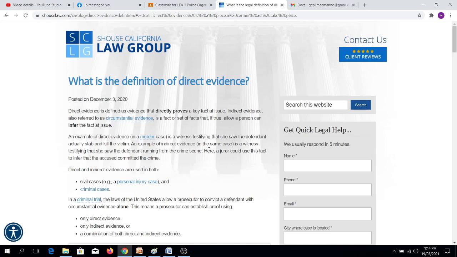Another, your indirect evidence, also referred to as circumstantial evidence, is as what I've said, totally different from your direct. Kaya kung direct, automatically perceived by your senses, but your circumstantial allows you to use your inferences. So this allows a person to infer the fact at issue.